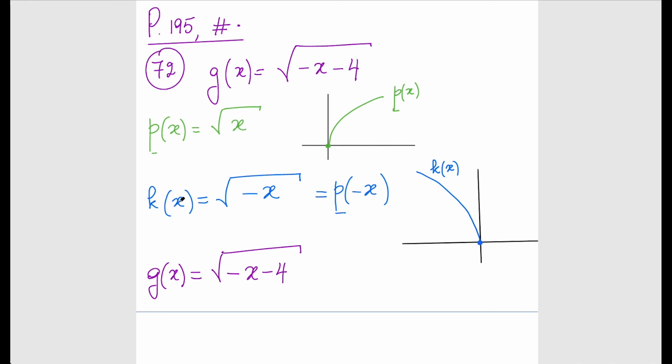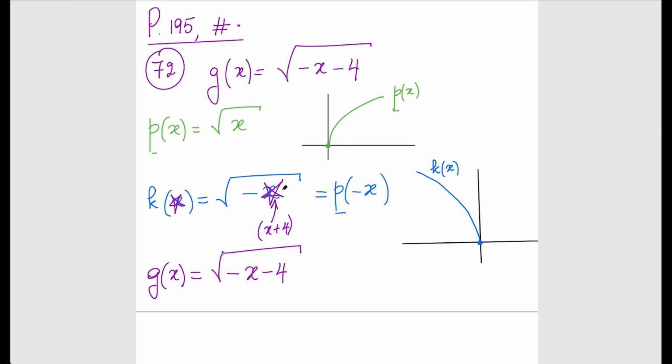k of anything is the square root of the opposite of the thing, right? How is k related to g? Well, what should star be so that this whole thing here becomes the opposite of the star? Well, the star better be x plus 4, because of the presence of this minus.